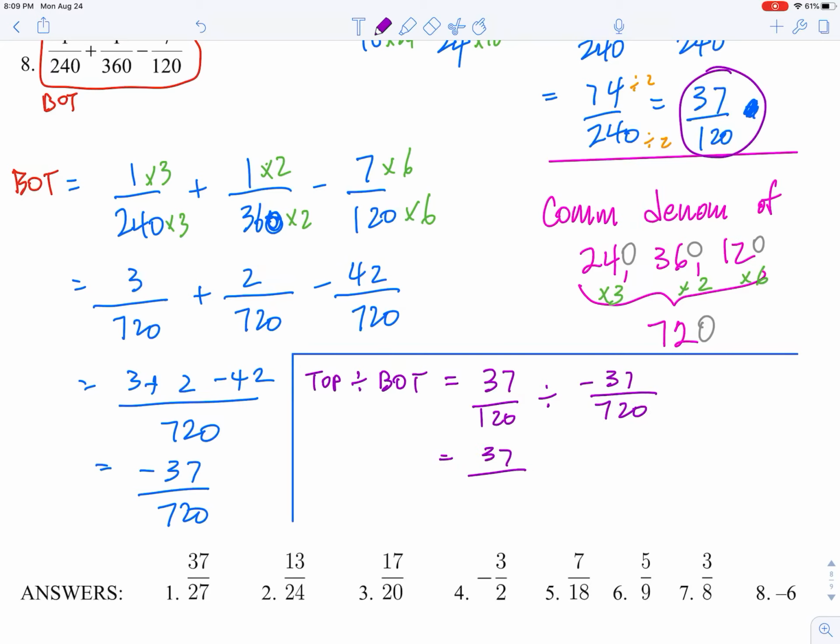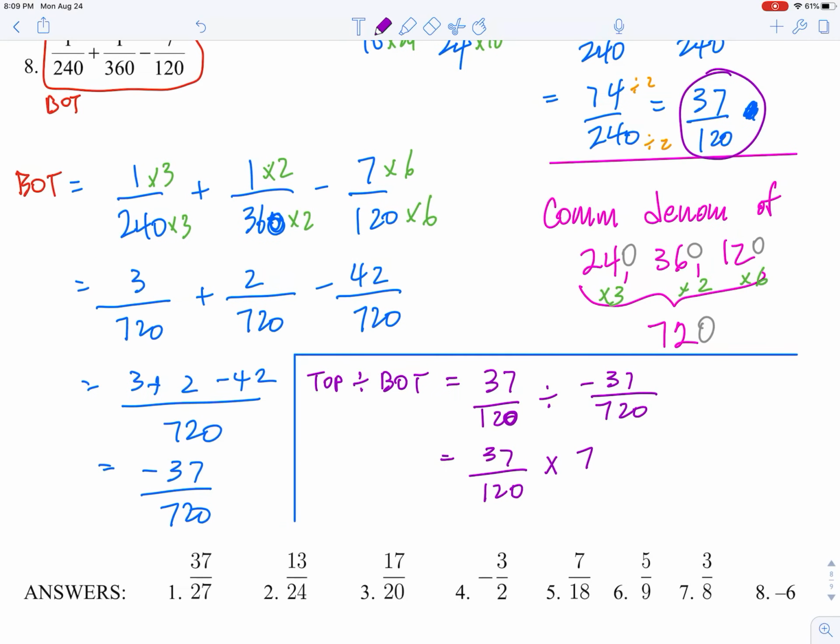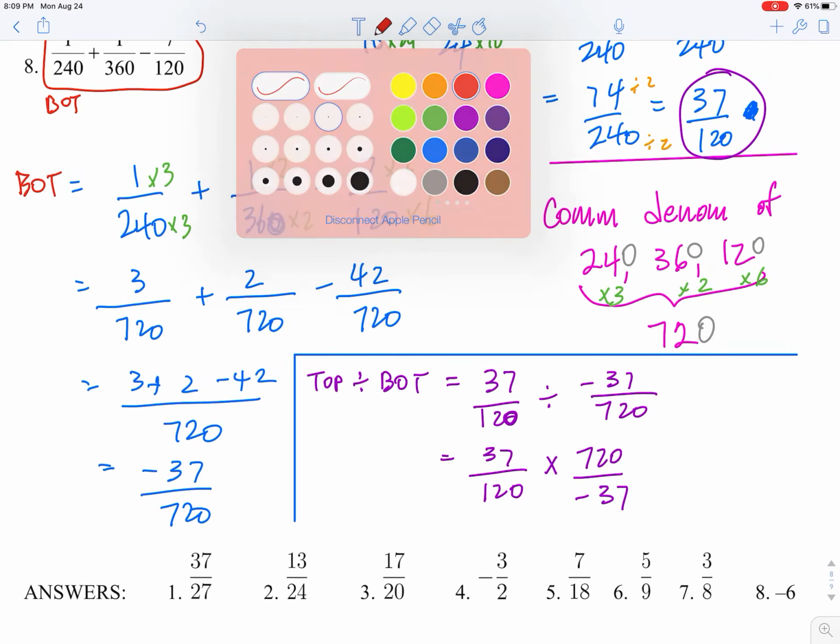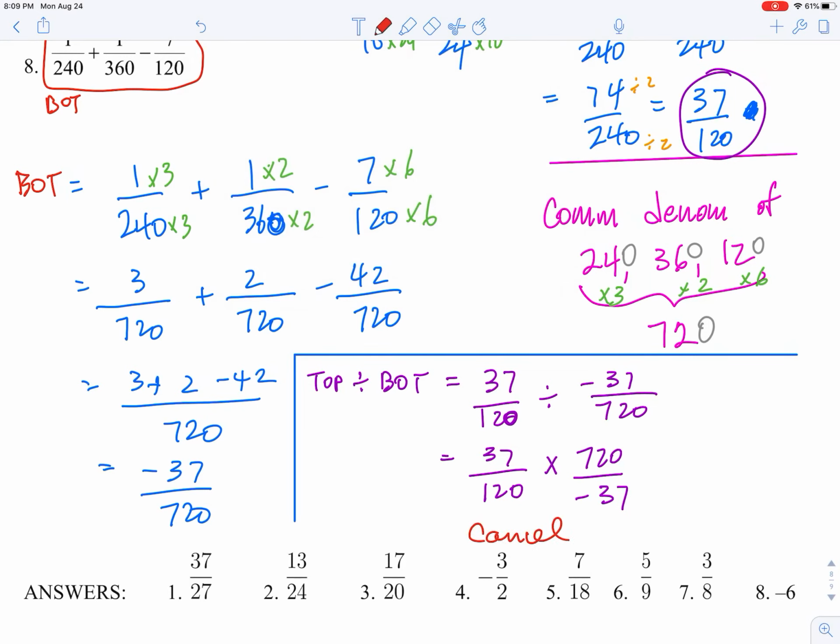Dividing is the same as multiplying by the reciprocal. So multiply, the reciprocal is the flip. So 720 over minus 37. I see a cancel, which is nice. 37 and 37 go away and leave me with minus 1 and 1.